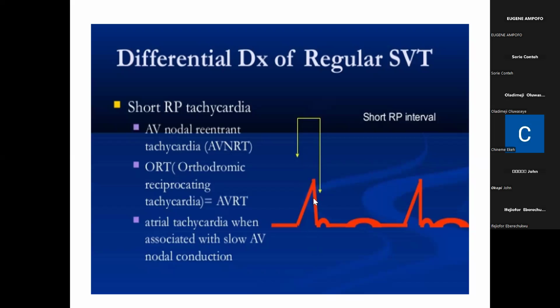So that means the ventricle will get depolarized early, before the atrium. But because the pathway carrying the activity back to the atrium is the fast pathway, the atrial activity will happen almost coincidentally with the ventricular depolarization. So that is why you have a short RP interval.